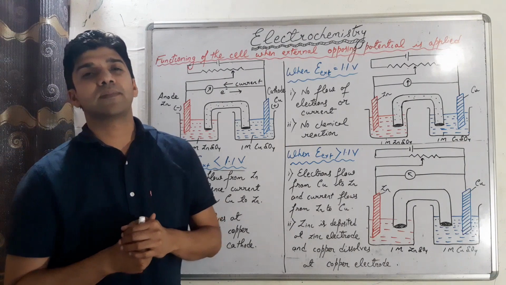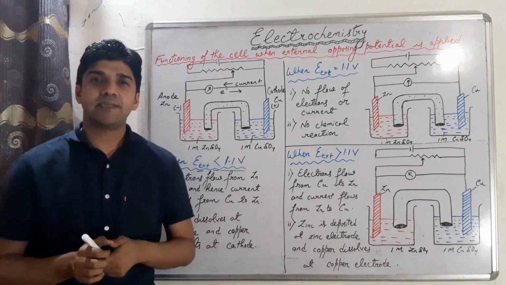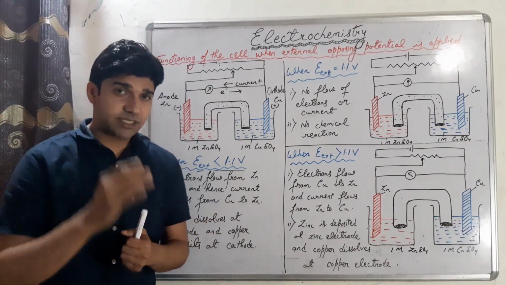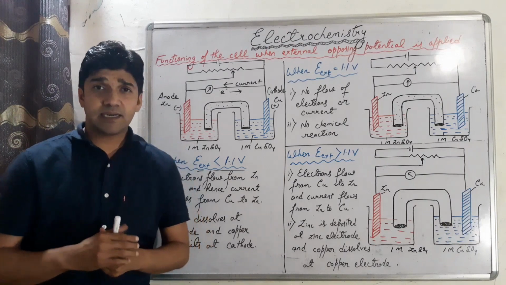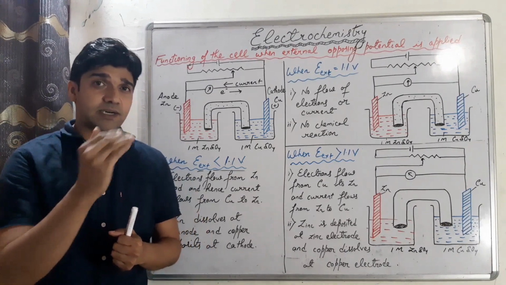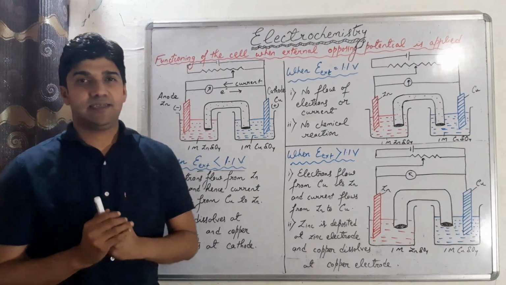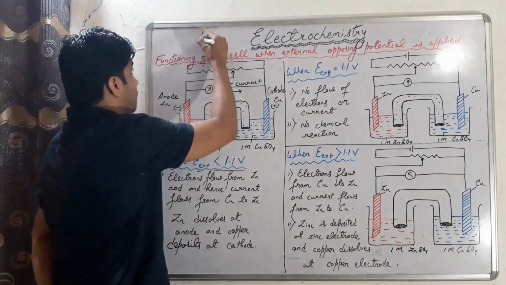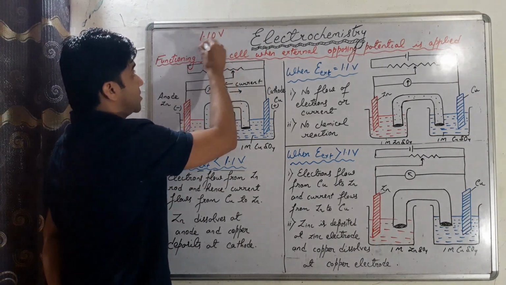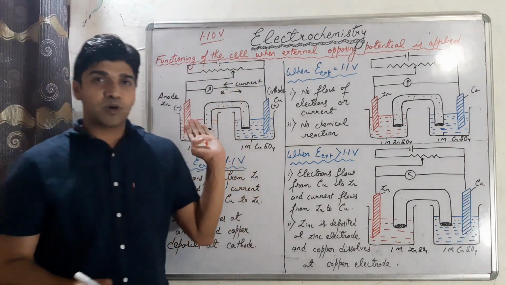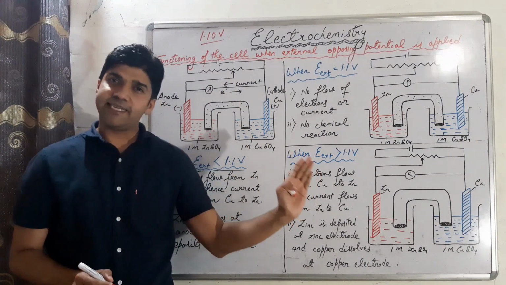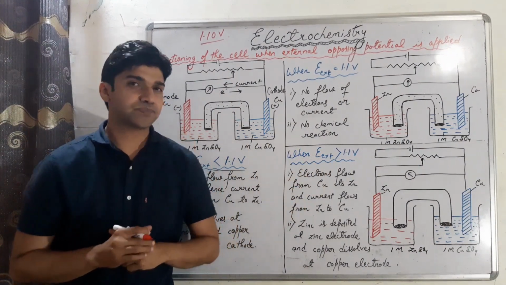Now, it is observed that the cell potential, that is the EMF of the electrochemical cell of the Daniell cell, is 1.1 volt. That is the potential developed in case of a Daniell cell.